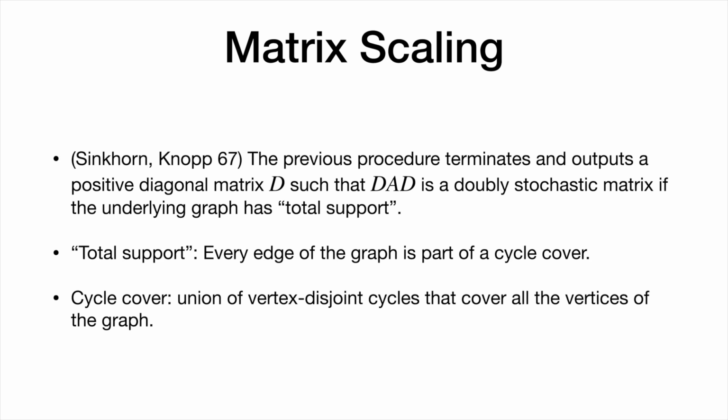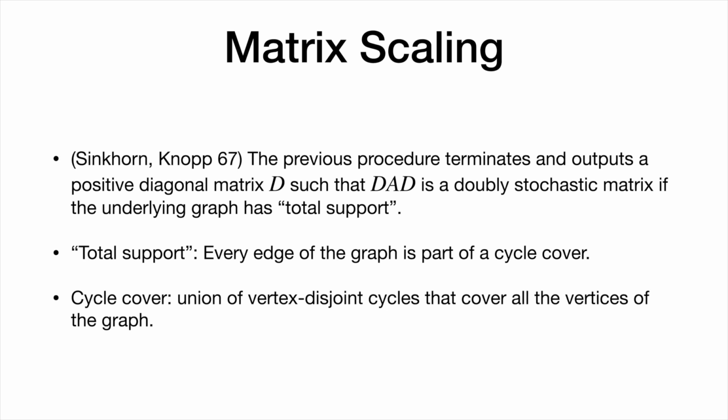Sinkhorn and Knopp in 1967 proved that if the underlying graph has something called total support, then it's sufficient to show that this iterative procedure outputs a doubly stochastic matrix.